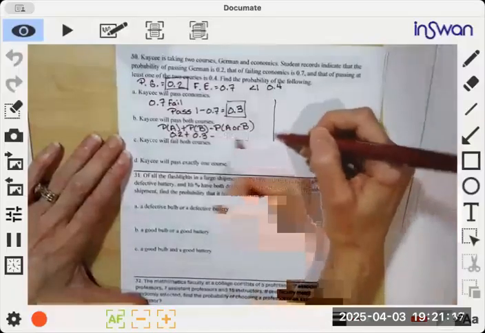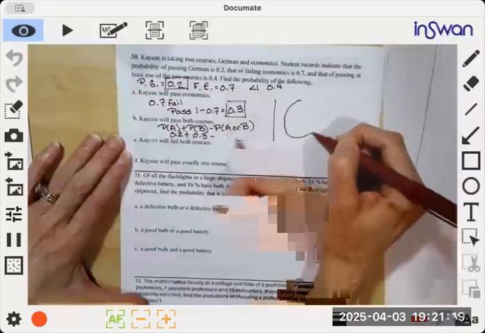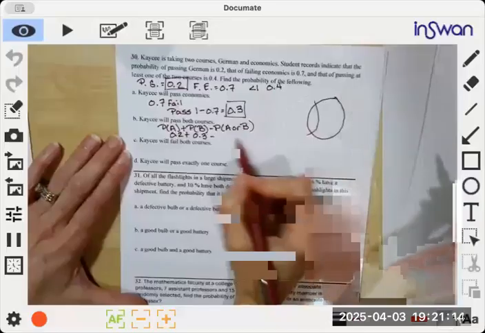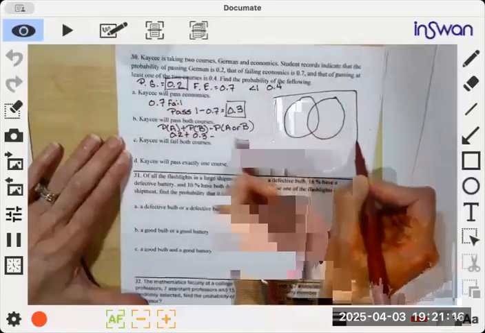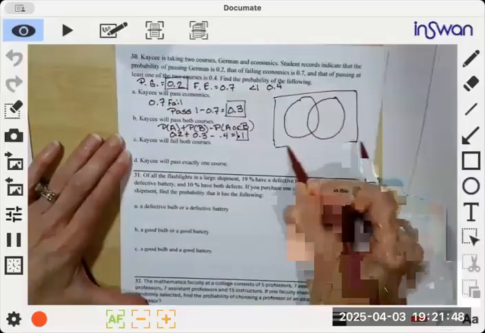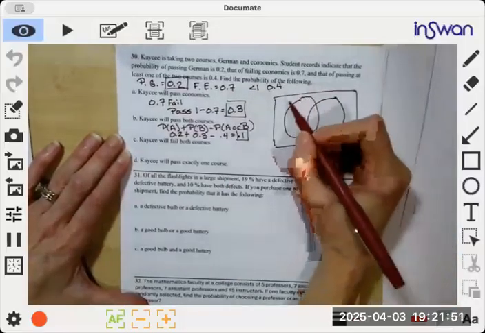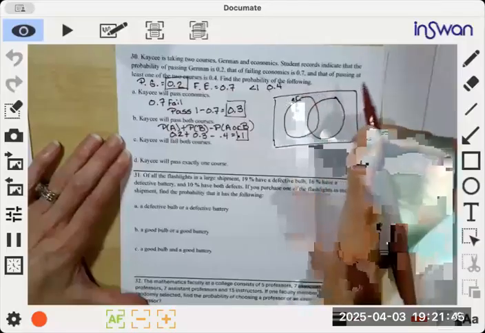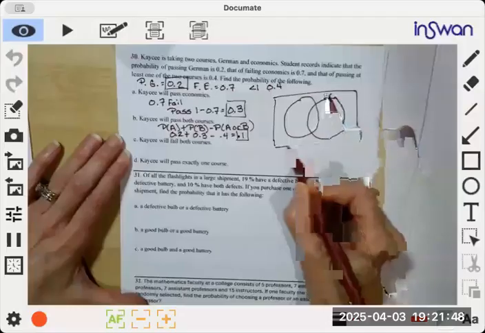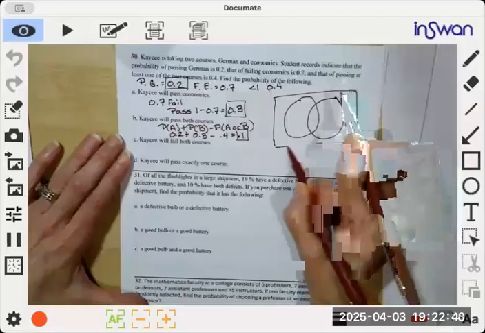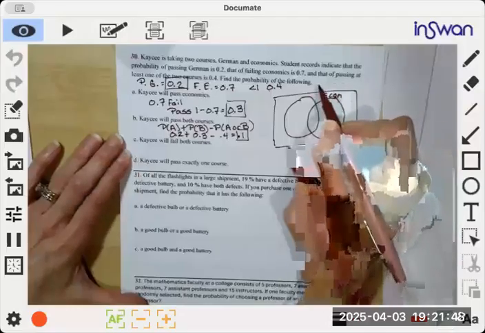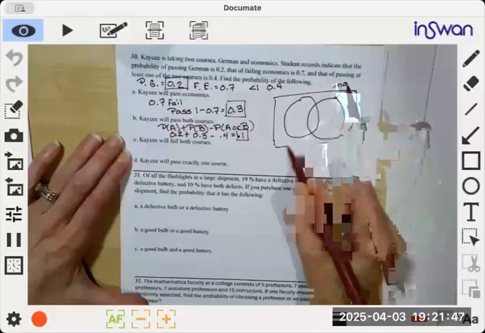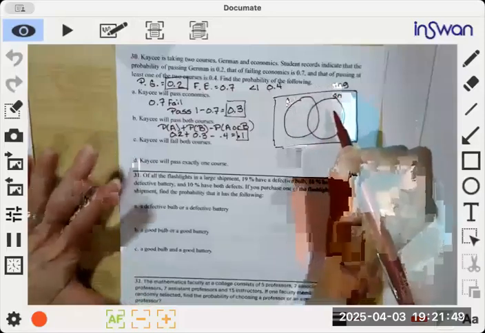So maybe, I don't know, do some of you do these with the Venn diagram? I'm not that good at the Venn diagrams. You could do a Venn diagram for us though. Okay. So let's see, this is German, and we'll make this one econ. And this is going to be, let's do passing. This is passing German, passing econ.